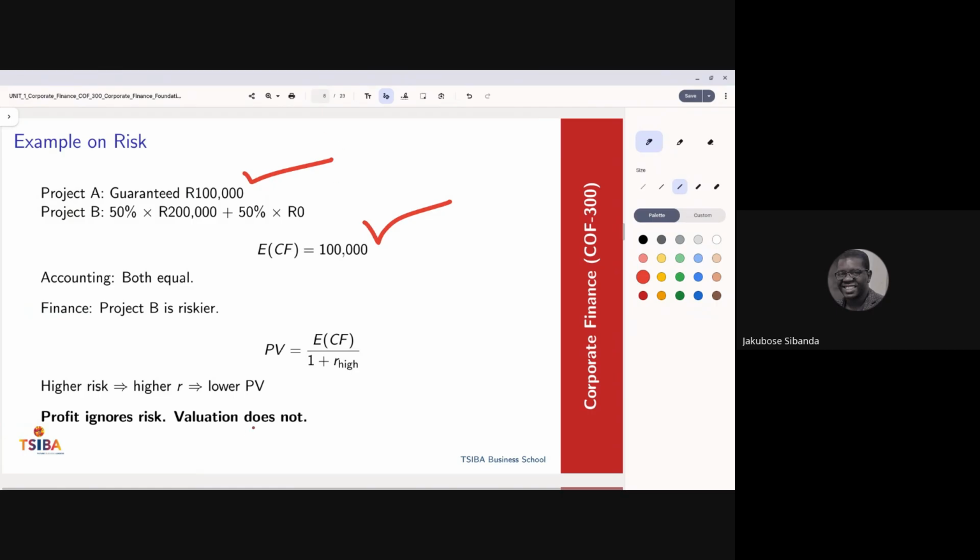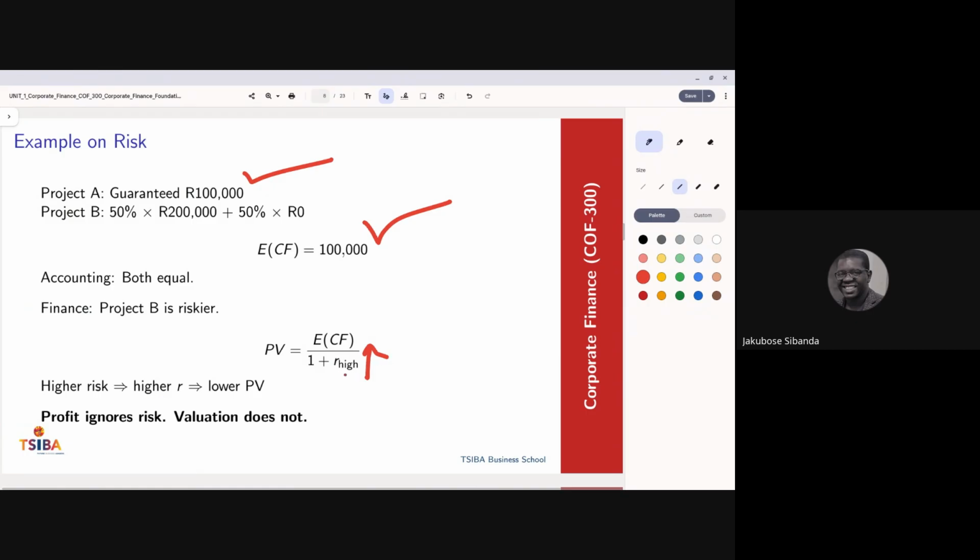So when you are calculating for project B, you are going to say the present value, PV means present value, is equal to the expected cash flow all over 1 plus R. You see? 1 plus R. So the R goes higher if the projects are of a higher risk.